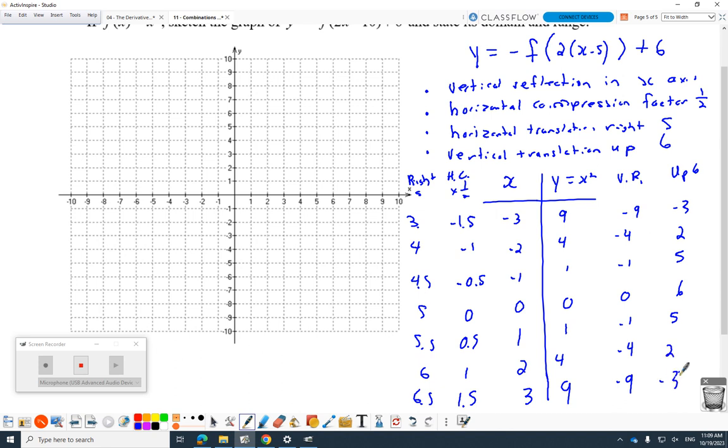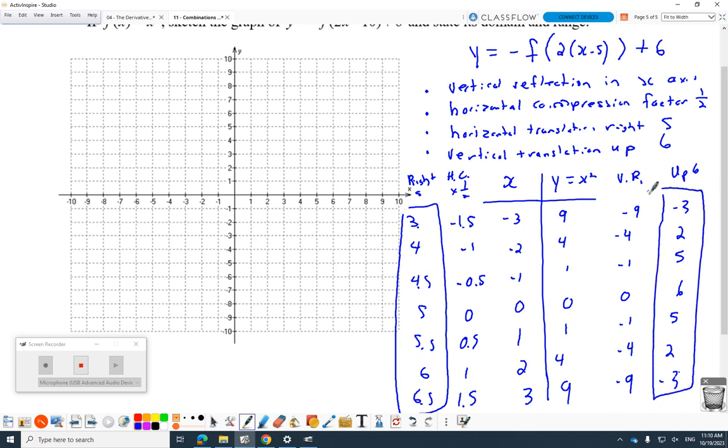And so what I've done on the table of values is I've taken the x values to their transformed location and the y values to the transformed location. So that's my correct table of values for this particular function.